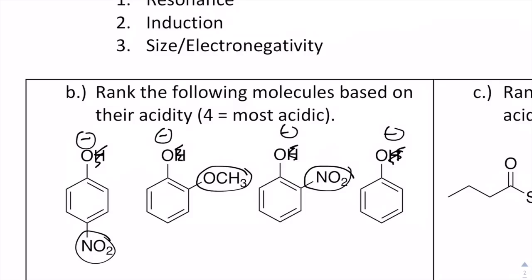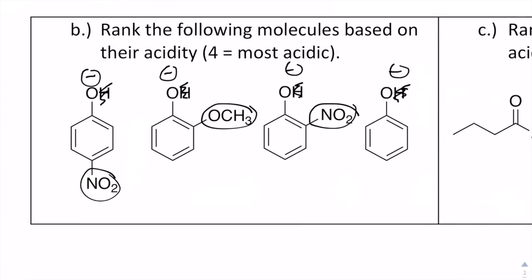Now we want to consider which one is the best. For induction, we want to look for something that is pulling electron density away. If you forget the Lewis structure of the nitro group, you would get this whole question wrong. The Lewis structure of the nitro group would be something that looks like this.